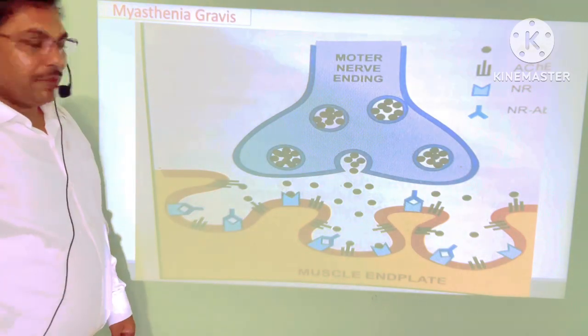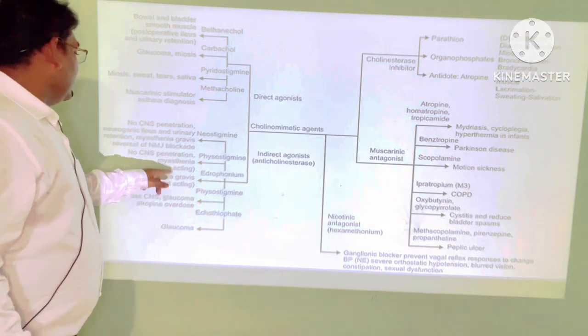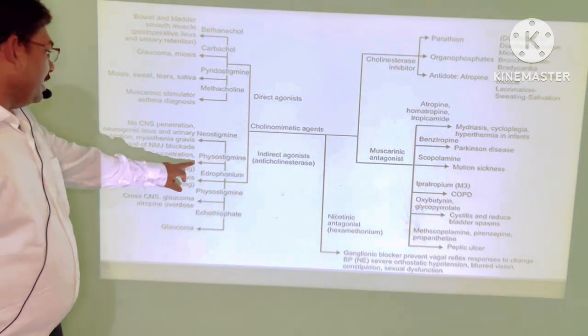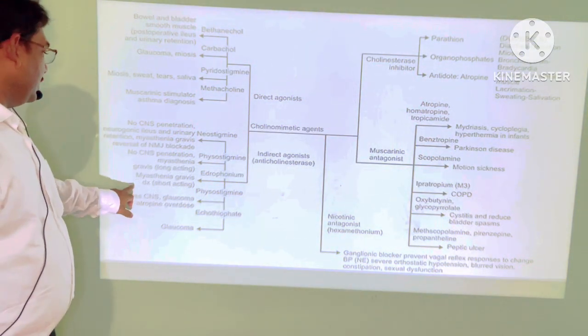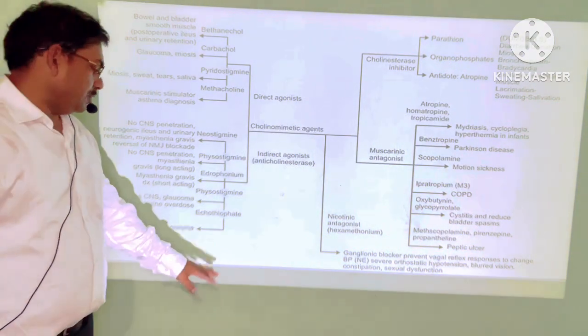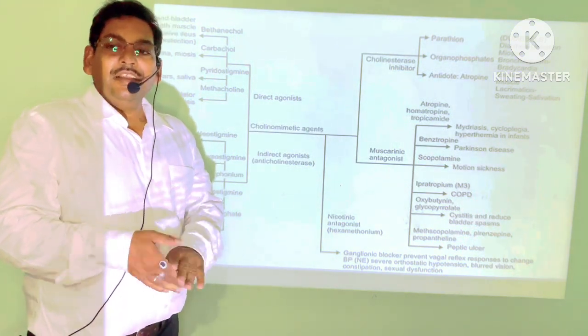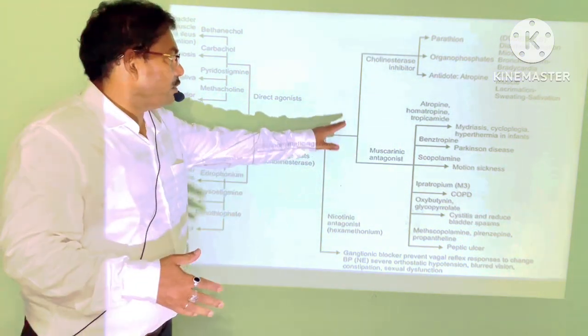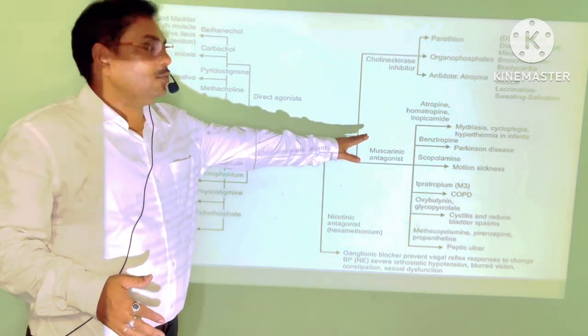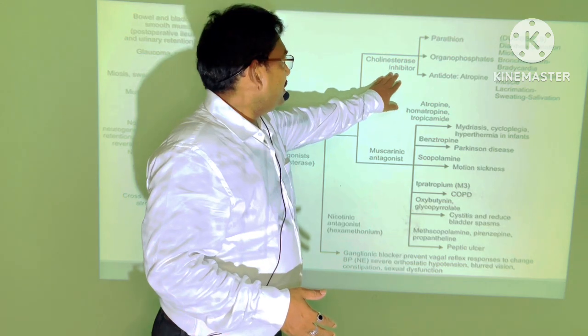Okay, previous slide. Okay, this is the next slide. Previous slide. Physostigmine has CNS activity and different activities. Glaucoma is also treated by this. Okay. In the next slide, this portion is discussed on the anticholinergic drugs, known as cholinesterase inhibitors.